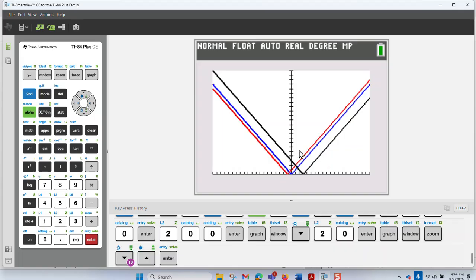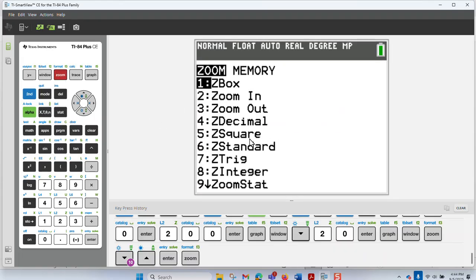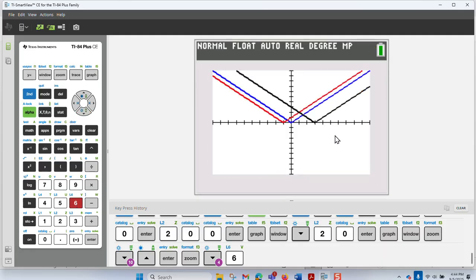So this is zoom, like it occupies the entire screen, right? And if you don't want to zoom this way, you can zoom to standard. Okay, number 6 is also the one I like to use. You can cursor it down, or you can just type a 6. Okay, and you zoom number 6 that way. So it zooms to the standard.